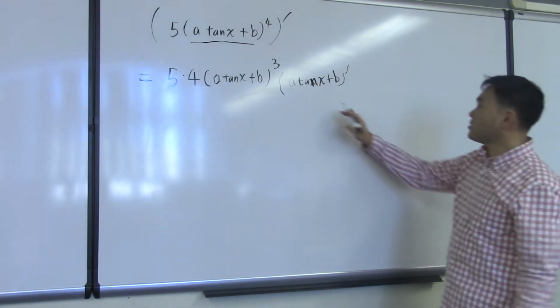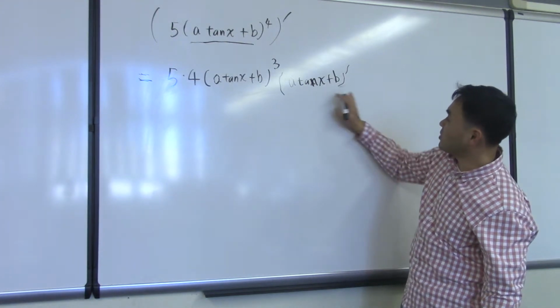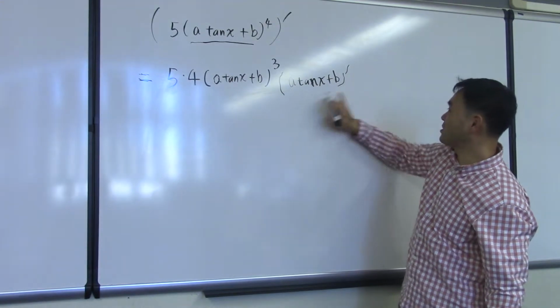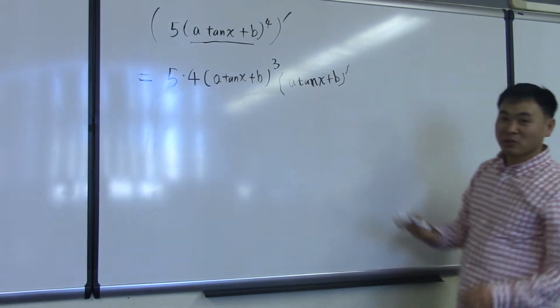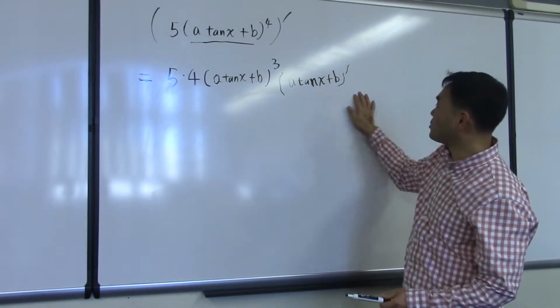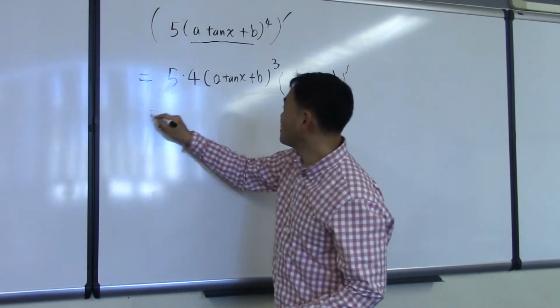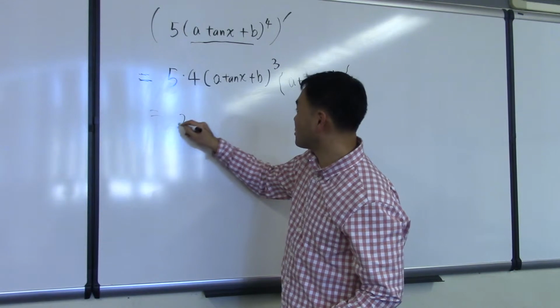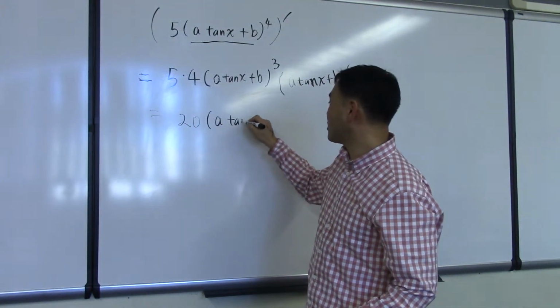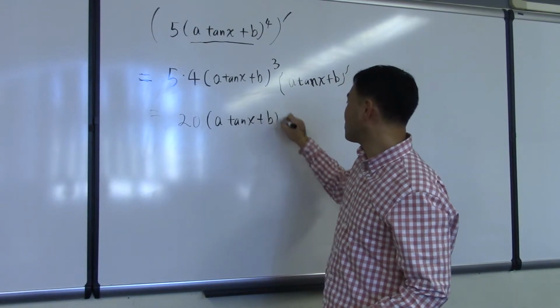And this is where the mentally challenging part of having to deal with a and b occurs. But just stay cool. It's not that hard. Just 5 times 4 is 20, so I'm just going to write down 20. A tangent x plus b to the 3rd power.